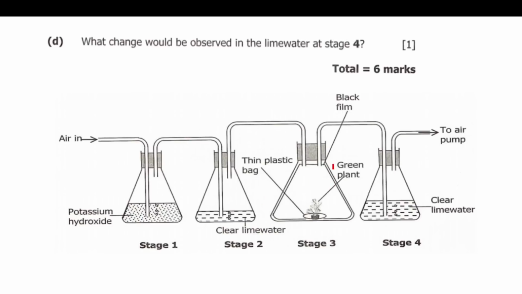And since in our experiment we are here to investigate whether a green plant produces carbon dioxide or not, what you should understand is that yes, green plants produce carbon dioxide at night. That's why it is very dangerous to keep green plants in the house together with you, because they are also using oxygen at night and producing carbon dioxide in the night and making the room full of carbon dioxide.